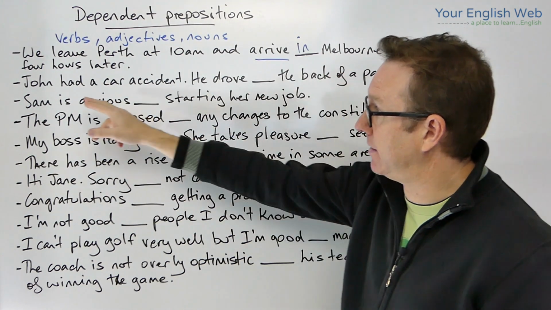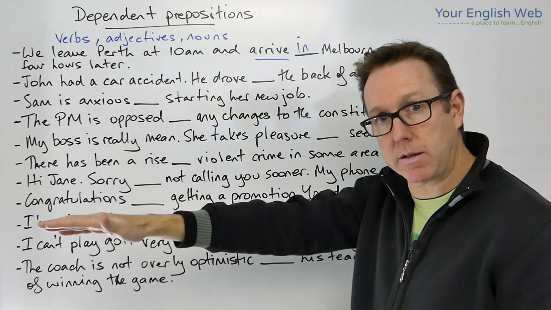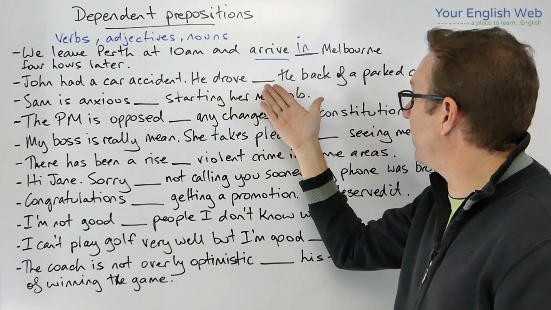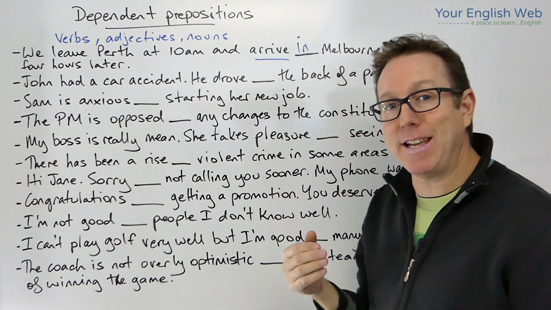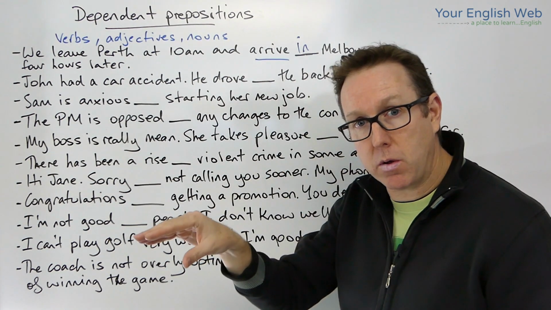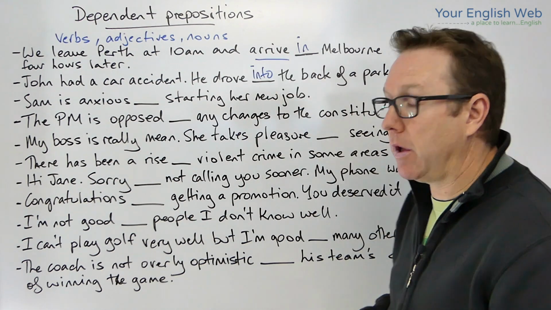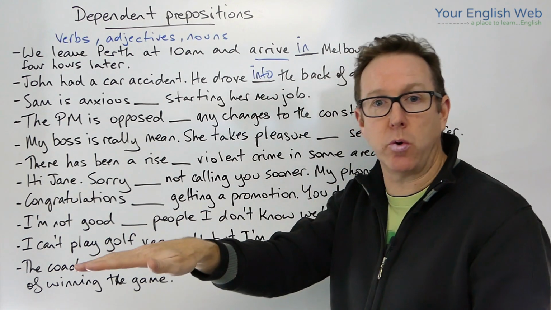Now, the second sentence. John had a car accident. So he was driving, he had an accident. He drove something the back of a parked car. He drove into the back of a parked car. So you drive into a wall.